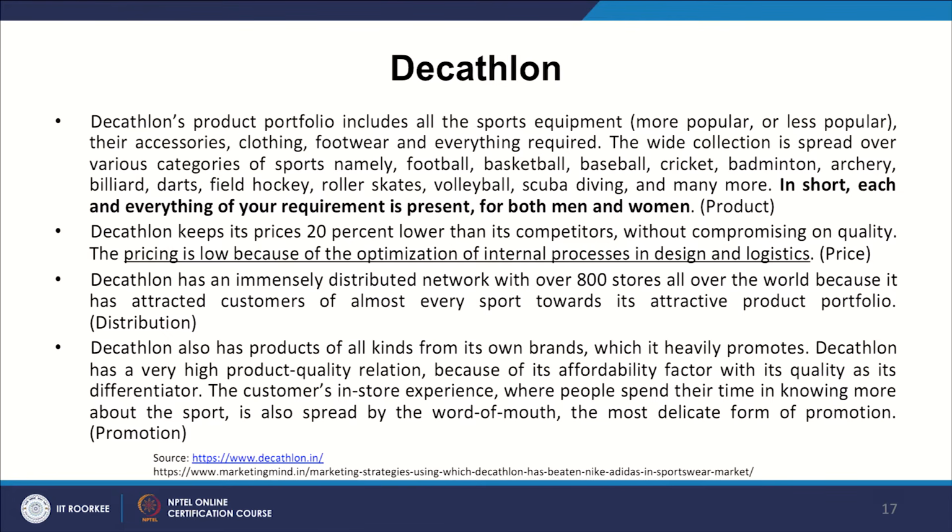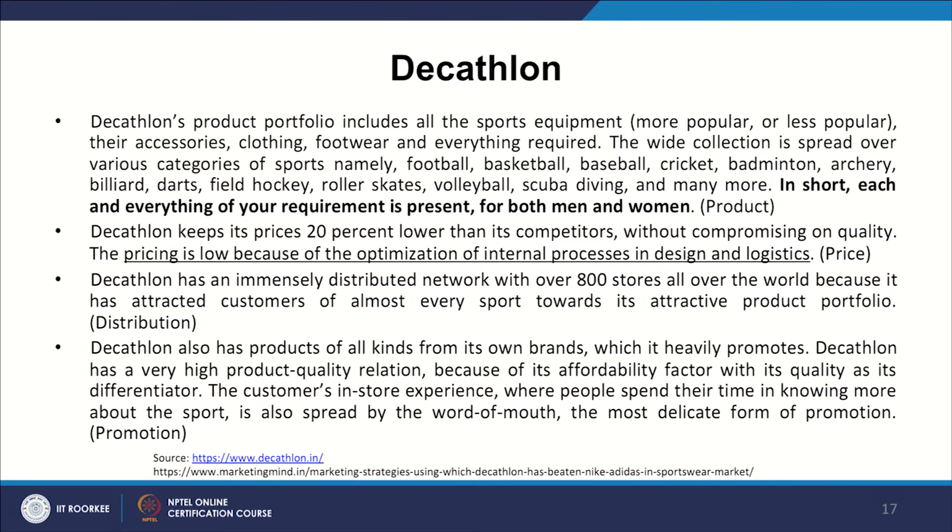The wide collection is spread over various categories of sports, namely football, basketball, baseball, cricket, badminton, archery, billiard, darts, field hockey, roller skates, and so on. Just visit the store. And I am not one of the representatives, I am just an academician using this example. So in short, each and every requirement is present for both men and women. It is a wonderful store.